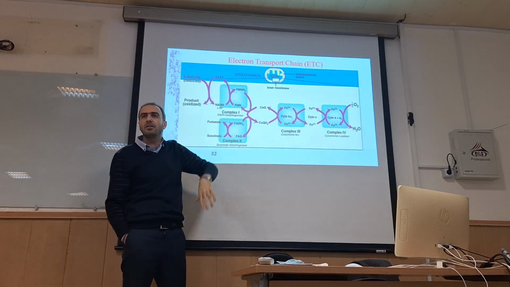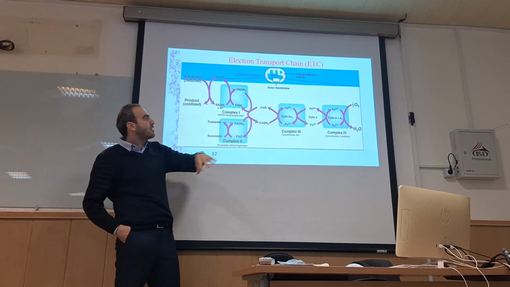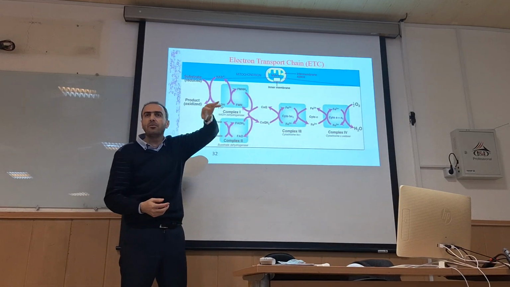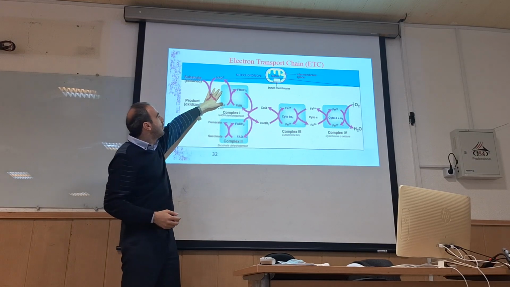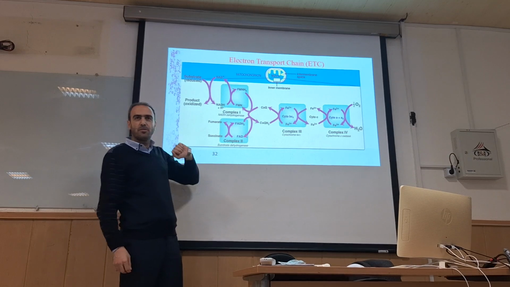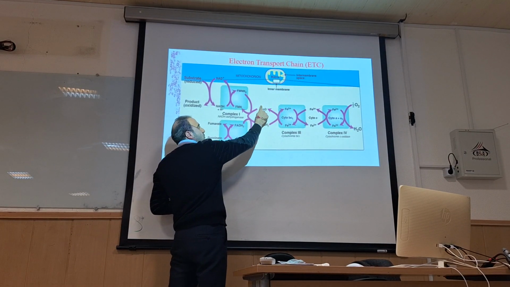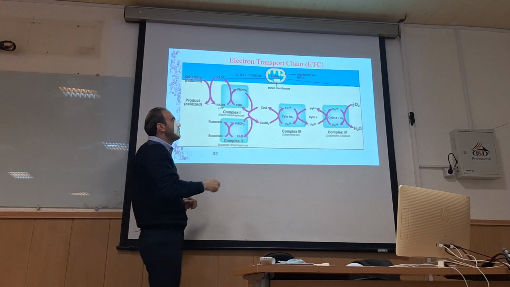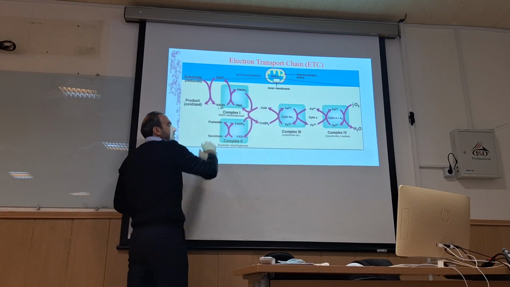Then inside the complex, a lot of reactions occur. This complex gives its electron to coenzyme Q. Both proton and electron convert to the coenzyme Q. And also we pump proton.